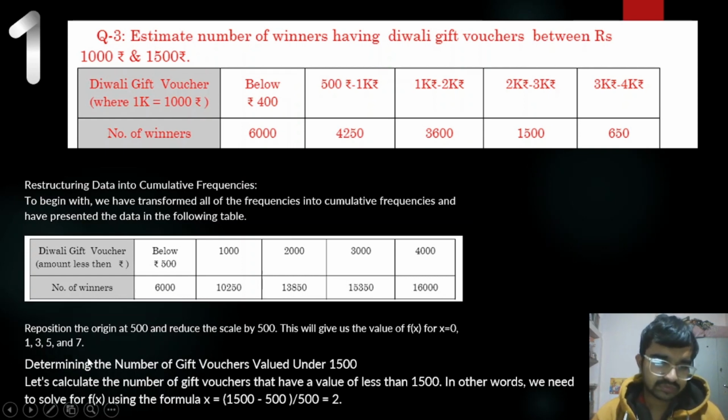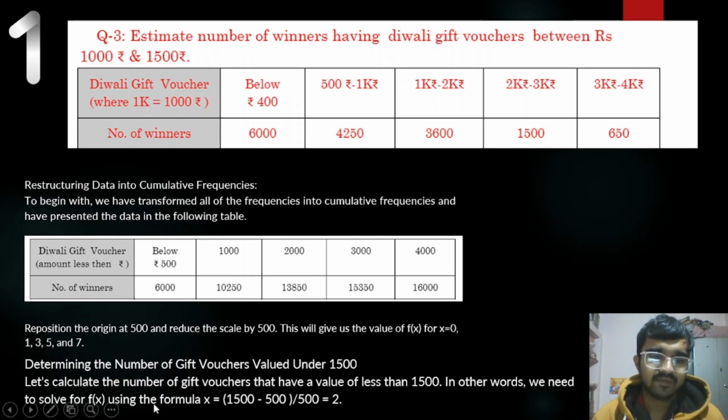So let's determine the number of gift vouchers valued under 1500, because we have to find between 1000 and 1500. First we will find under 1500 and under 1000, then we will subtract that value from this value and we will simply get our answer. So first we are calculating the gift vouchers that have values less than 1500.